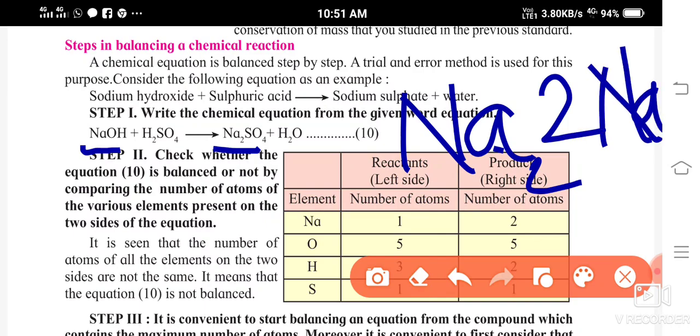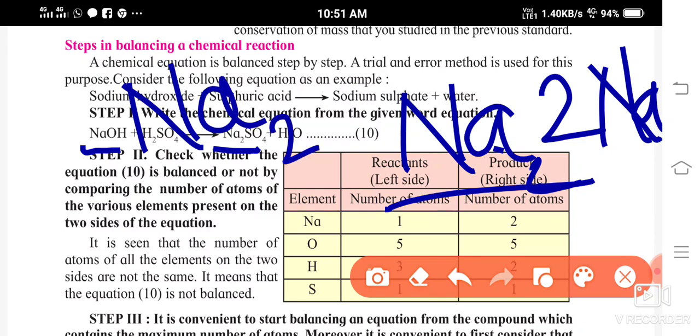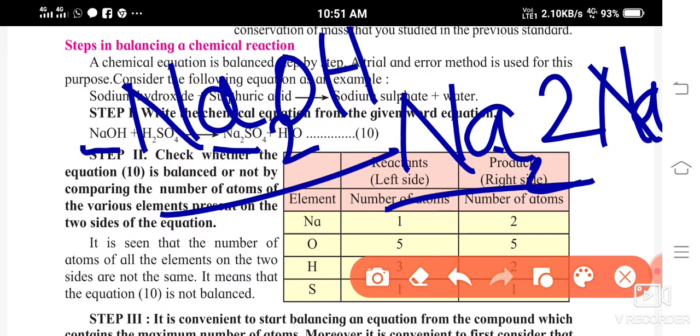But this is the wrong way, because if you write Na2, the formula will become Na2OH, and this compound doesn't exist at all. So you cannot change the formula of the compound. NaOH is going to remain like that only.